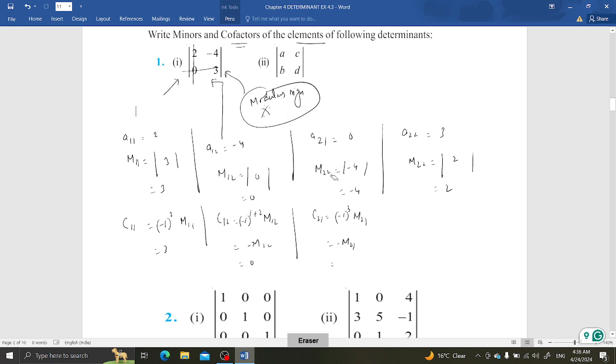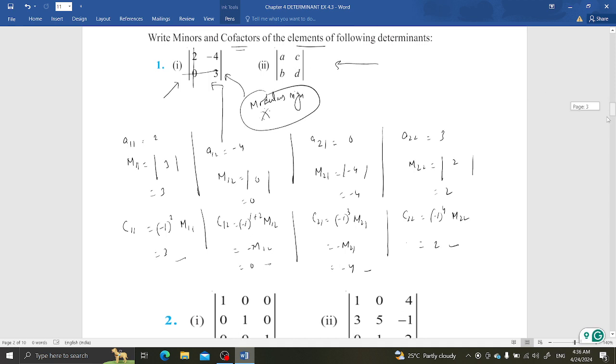Oh my god, this is M21. We have minus 4. Now C22 we have (minus 1) to the power 4, and here we have M22, so M22 is 2 only. I hope you understand this thing. Similarly, in this way you need to find the minors and cofactors for this second one.